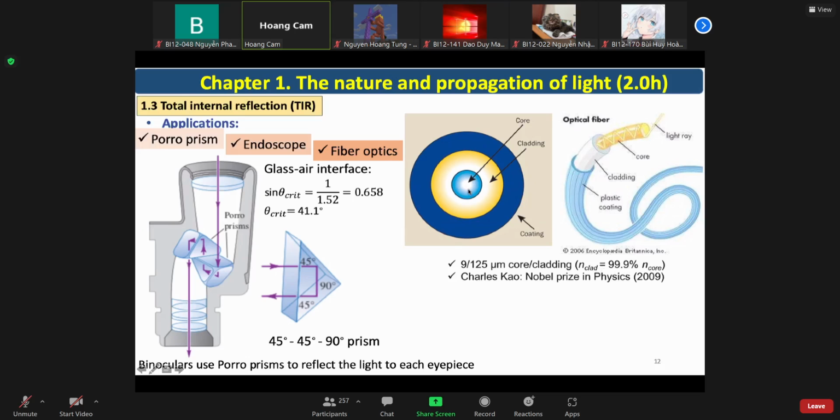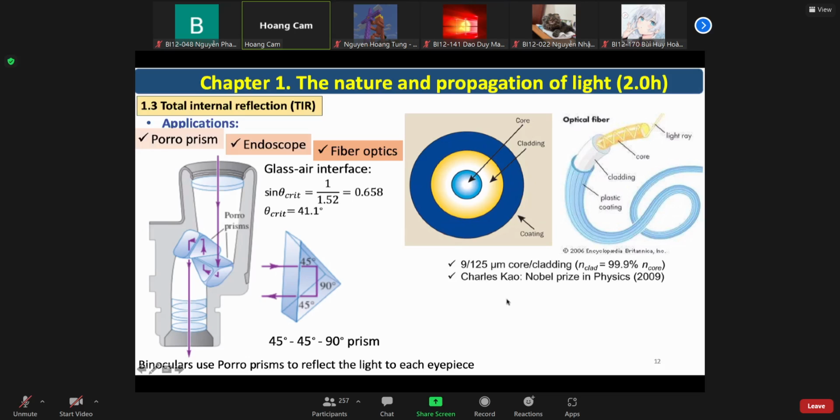So the core, with the higher refractive index, is normally the impure silica, and the cladding is pure silica. So in order to make this kind of optical fiber, we also need some help from the people working in advanced materials. So you see the relationship between different majors, different specialties.